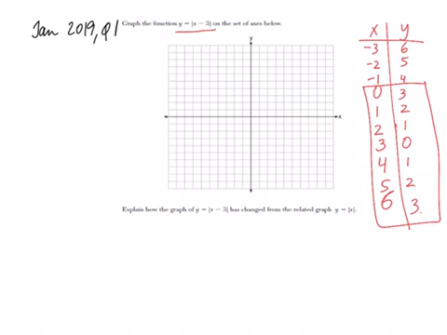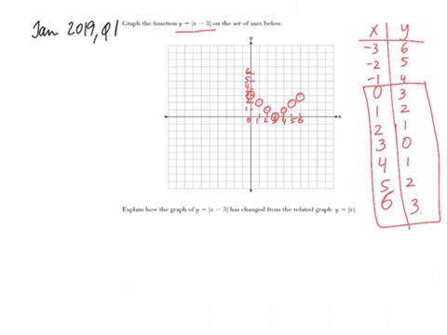So we've got 0, 1, 2, 3, 4, 5, 6. Then we have 1, 2, 3, 4, 5, 6 from this. So at 0 it's 3, so let's mark that. At 1 it's 2, at 2 it's 1, at 3 it's 0, at 4 it's 1, at 5 it's 2, at 6 it's back to 3.